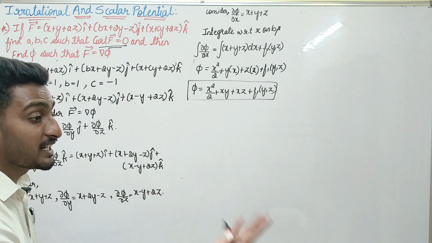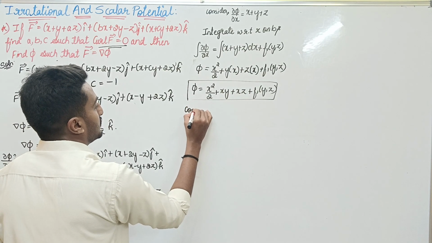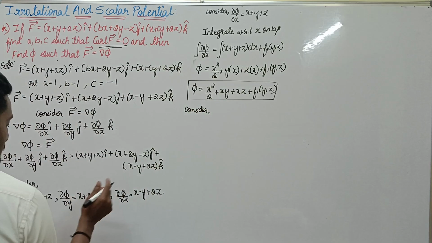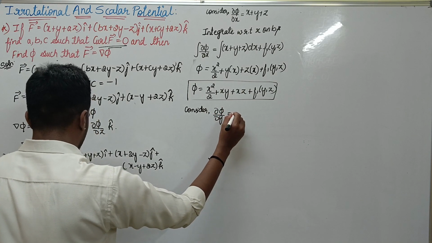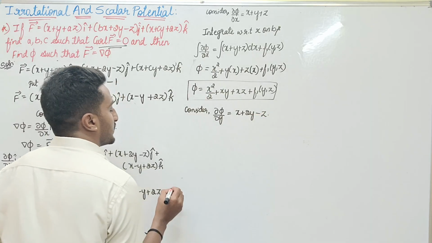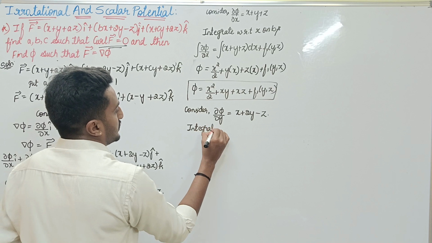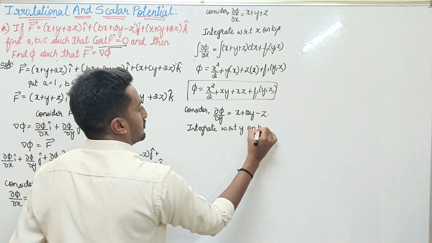Similarly, repeat it for the second scalar function, to find with respect to y. Consider dou phi by dou y equal to x plus 2y minus z. Integrate with respect to y on both sides.